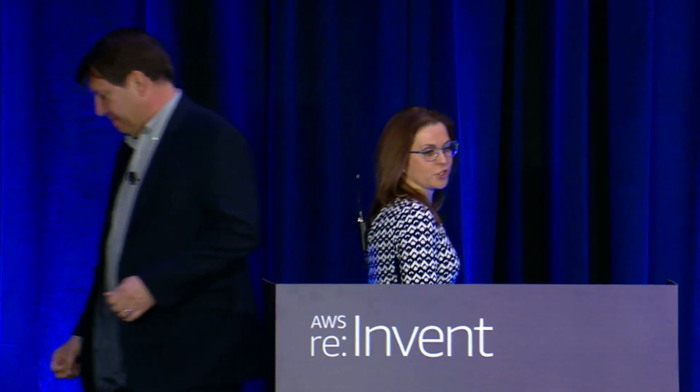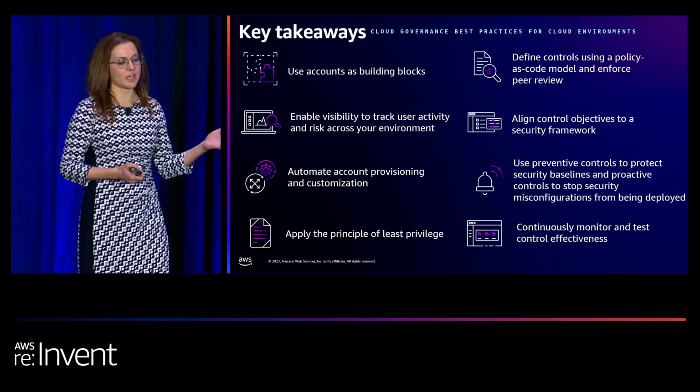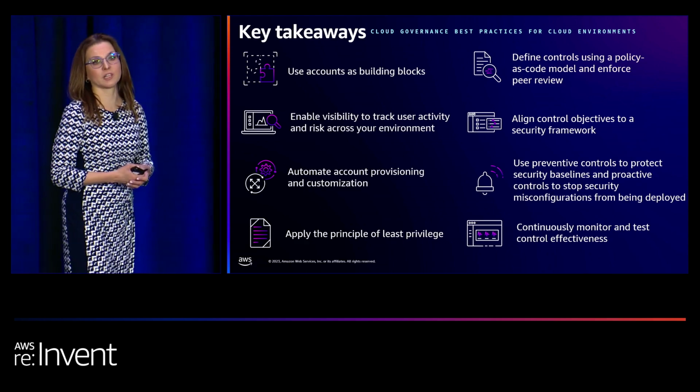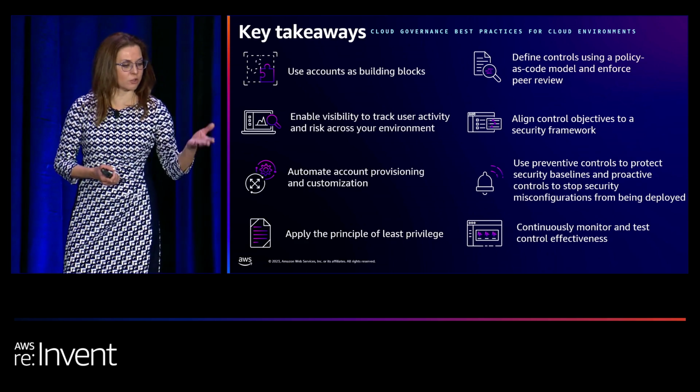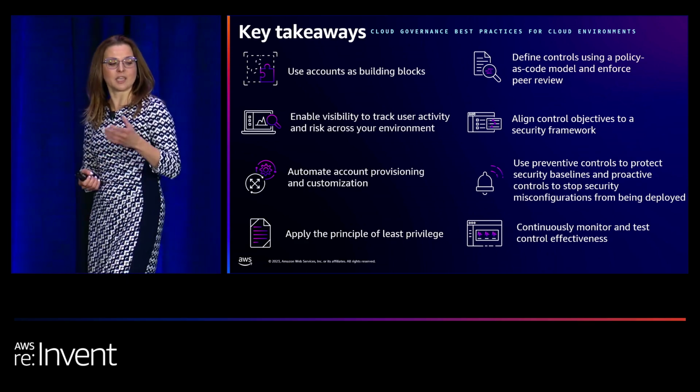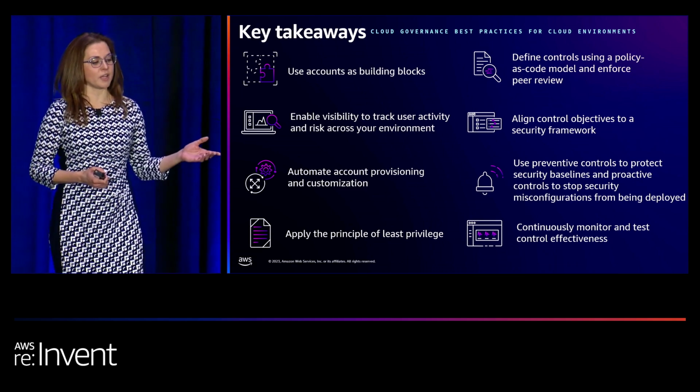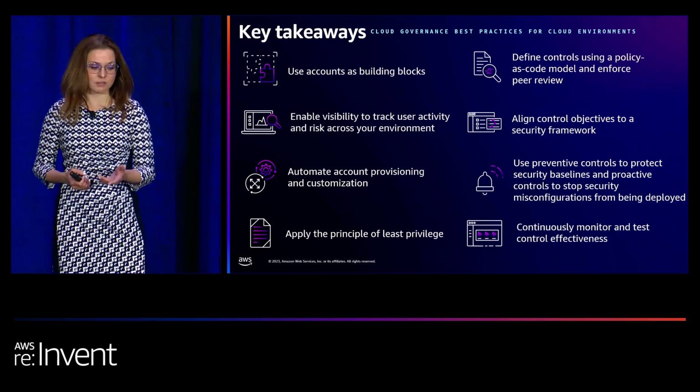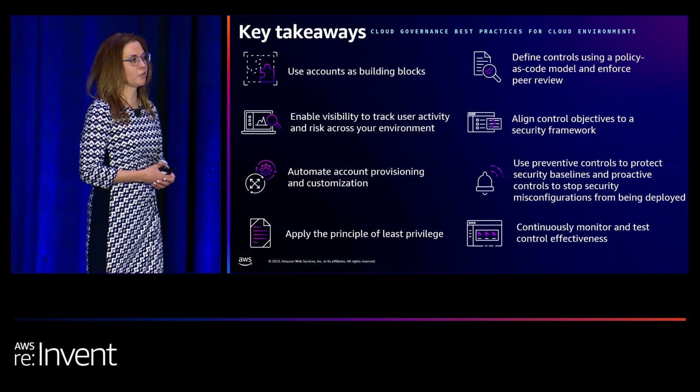Thank you, Troy, for sharing your journey. And just to wrap it up, here's the summary of the key takeaways and best practices that we talked about. On the left-hand side, you have best practices for cloud environments, such as using accounts as building blocks, enable visibility, automate account provisioning, use customizations, and apply the principle of least privilege.